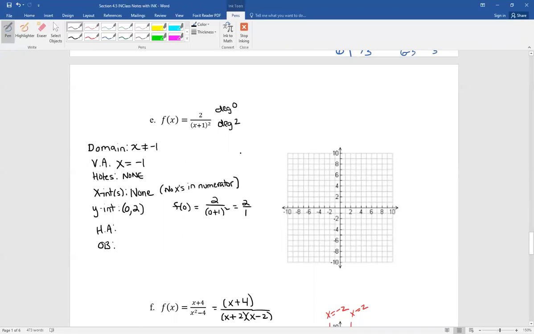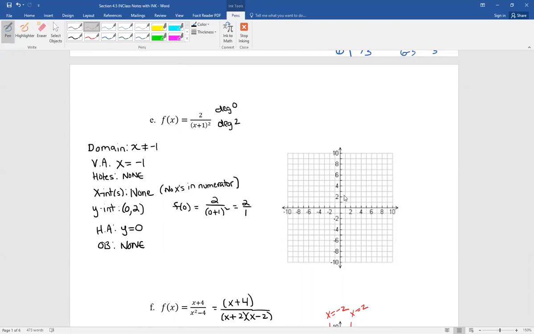So when you have a function where the top has a degree smaller than the bottom, that is the horizontal asymptote y equals 0. Now if you tried to do long division here, first of all you'd have to FOIL out the x plus 1 times x plus 1, and then you would be trying to divide it into 2. Well, x squared can't go into something that has no x, or even an x smaller than it. So that is why it goes 0 times. That means there's none for the oblique.